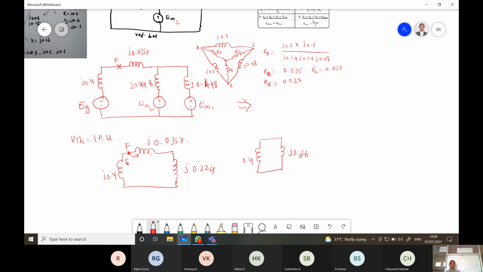So this one is J0.26. Add these two. So the fault is here.